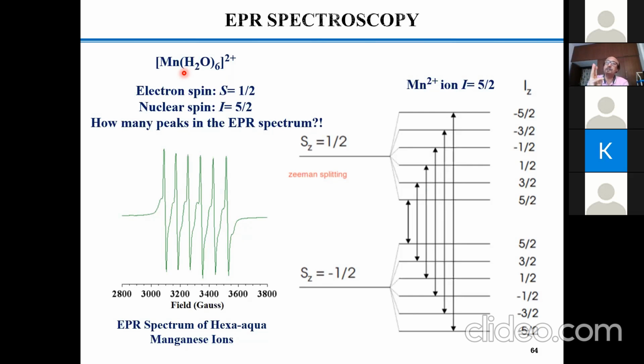That means you will get 2 sets of distances: 4 would be identical and 2 would be identical, but those 2 would be either smaller or greater than the other 4. And that means you will have distortion along the z-axis. Okay, and that would be reflected in the EPR profile.